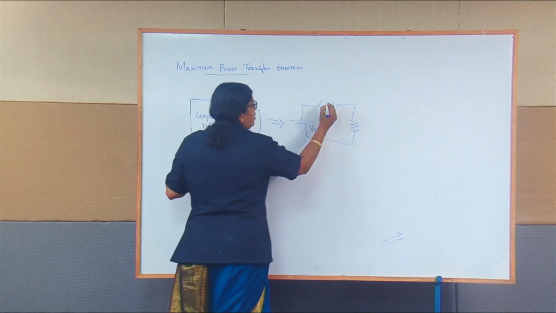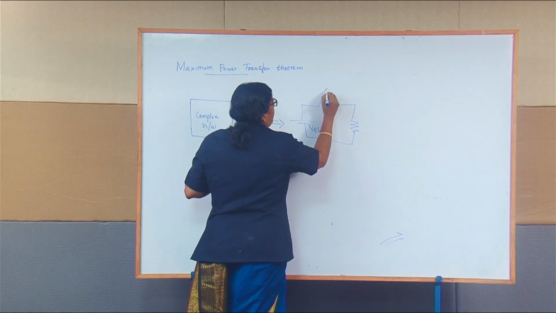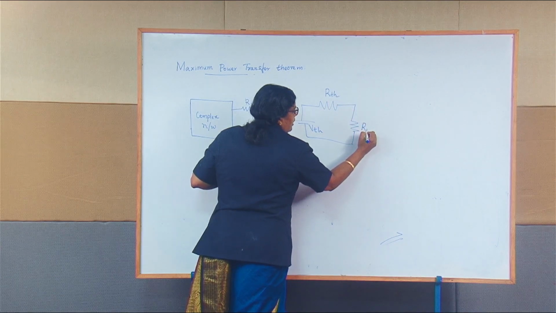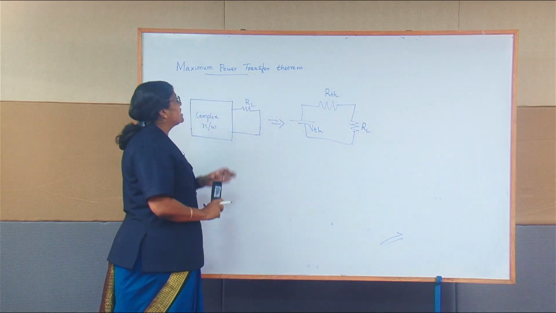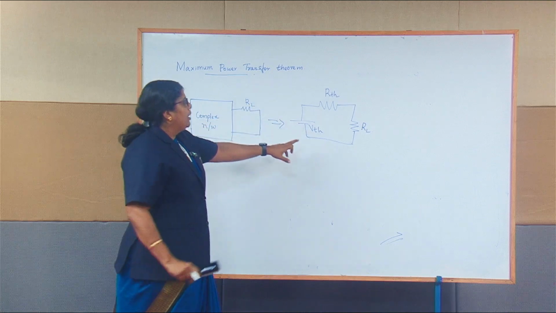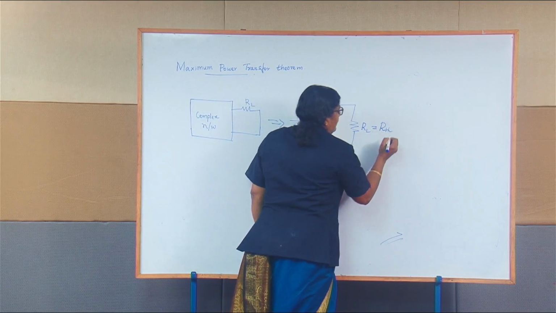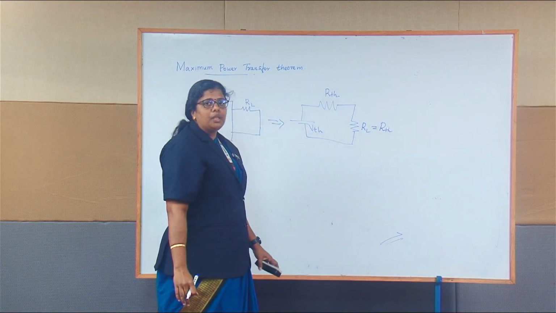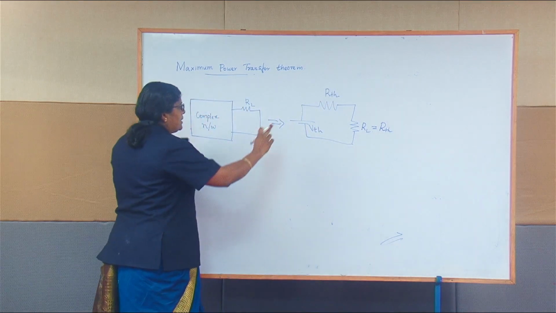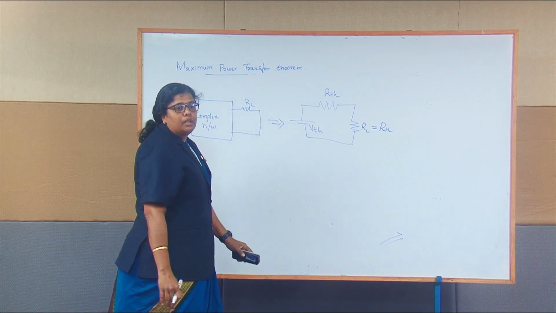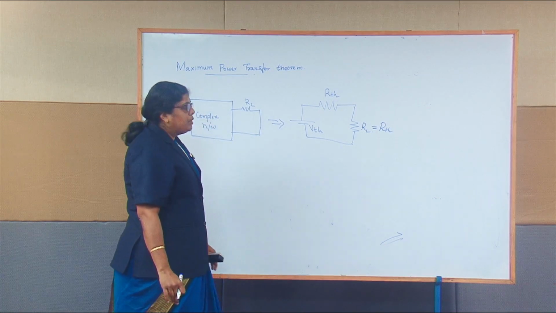The voltage source is called V Thevenin, the equivalent resistance is called Thevenin's resistance, and we have RL. In the maximum power transfer theorem, if RL is equal to R Thevenin, the maximum power is delivered to the load. Let's see what the quantity of the maximum power delivered to the load is.